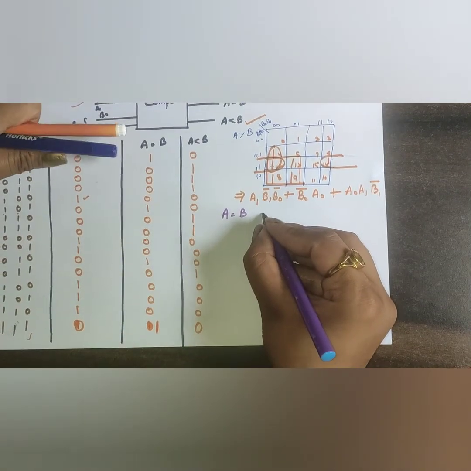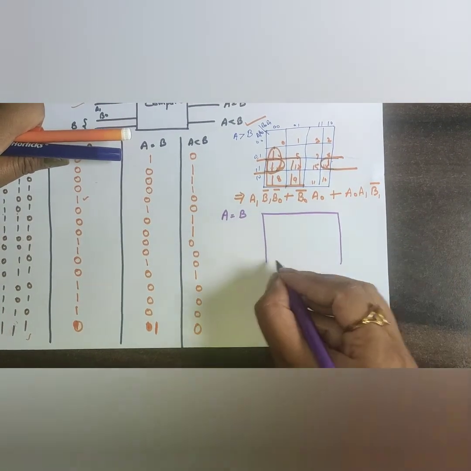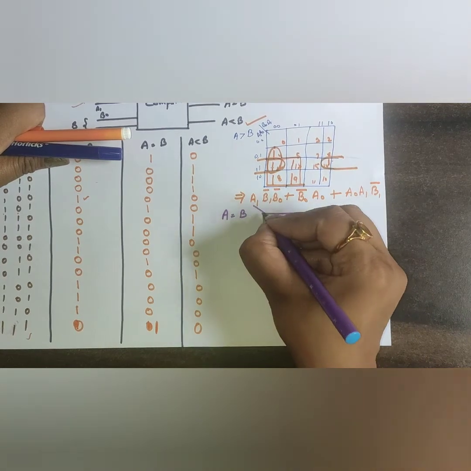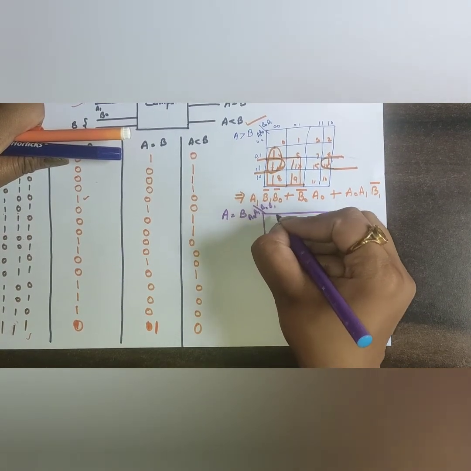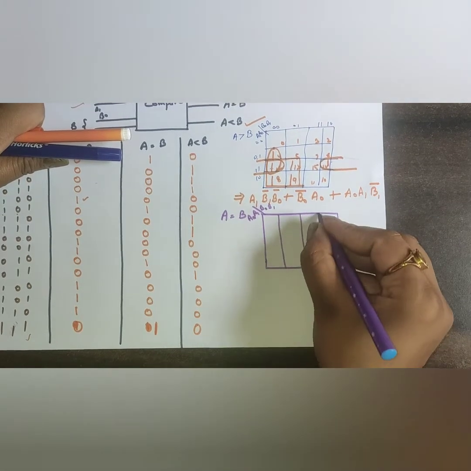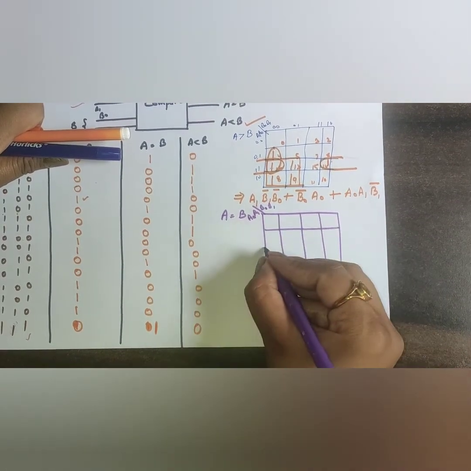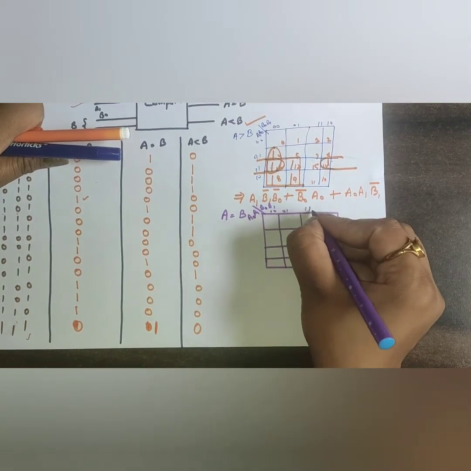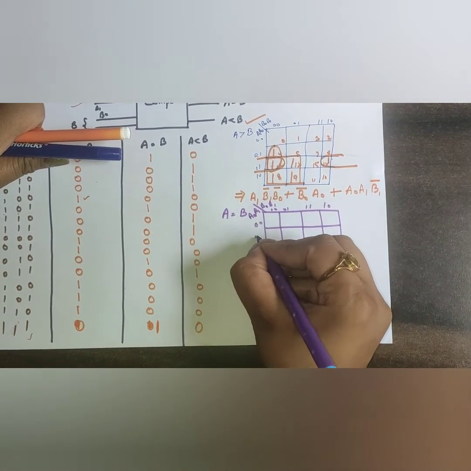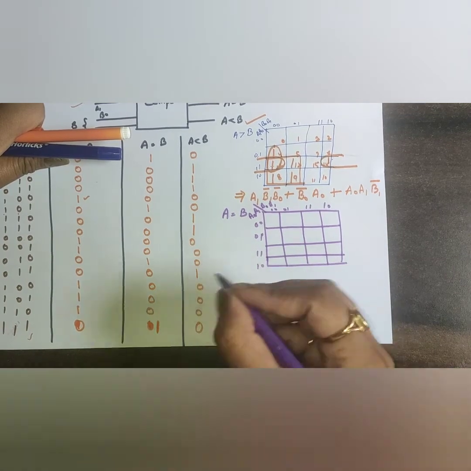Okay, now we will make a K-map of the second condition, that will be A equal to B. So the variables will be A0, A1, B0, B1. You can take any variable order, it's up to you. It is a combinational circuit, the design is up to you. Okay, 0 0, 0 1, 1 1, 1 0.